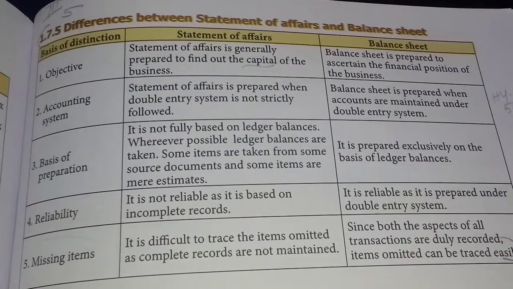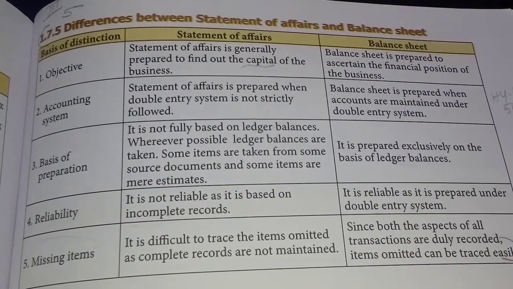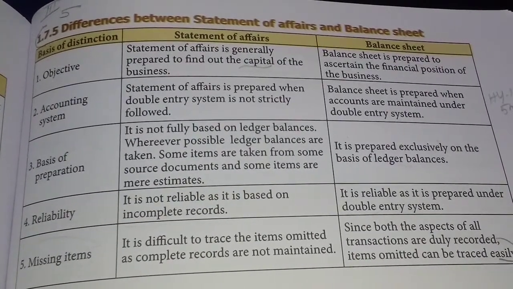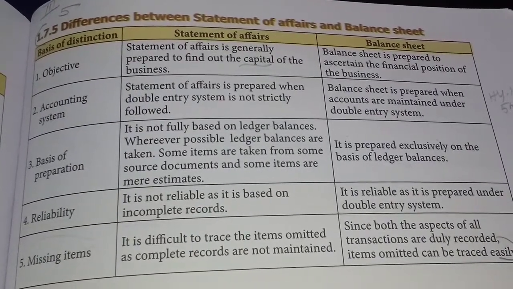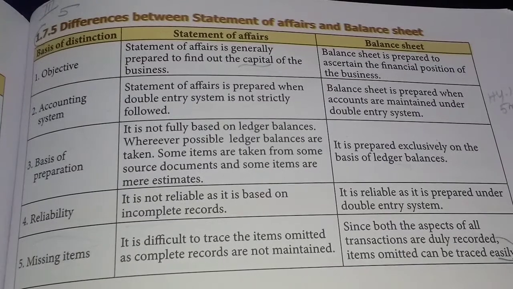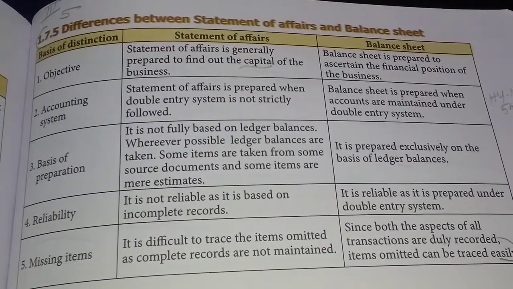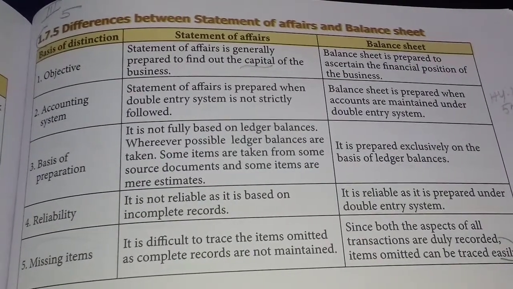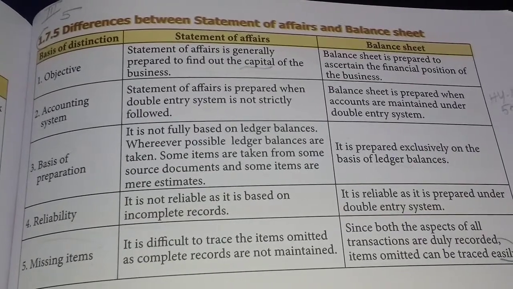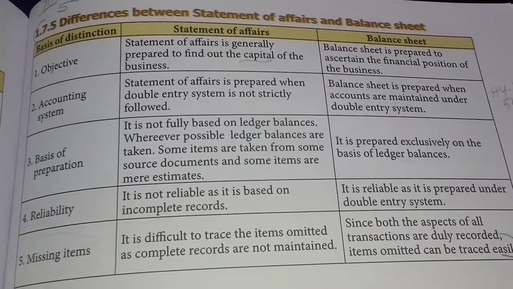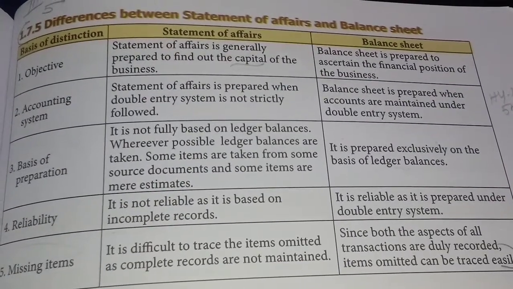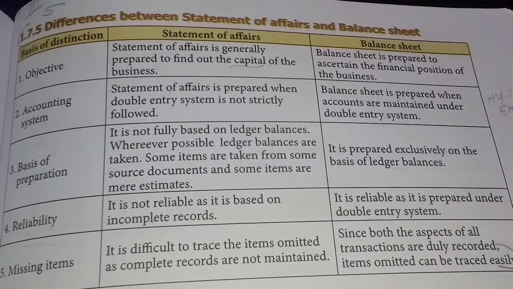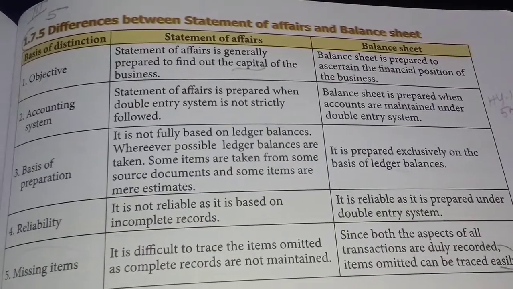In the statement of affairs, it is not fully based on the ledger balances. Some transactions we get from source documents, some from our memory and some from the ledger balances. But in the balance sheet, all the items will be exclusively from the ledger balances.